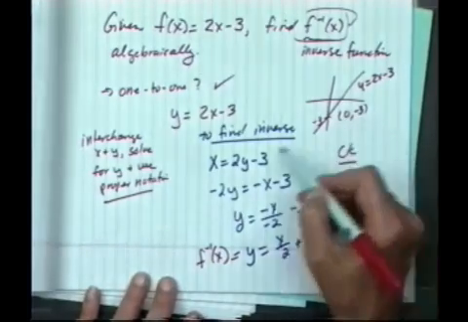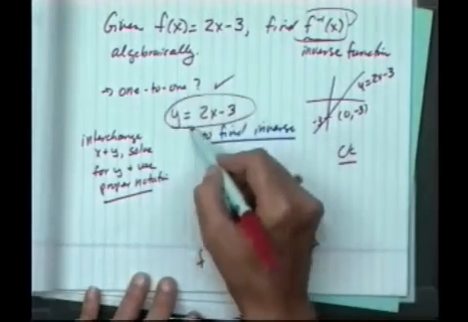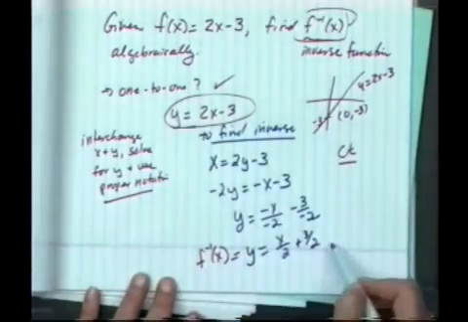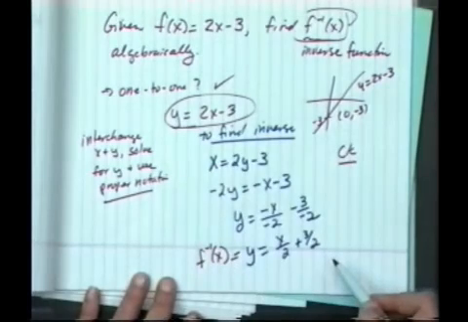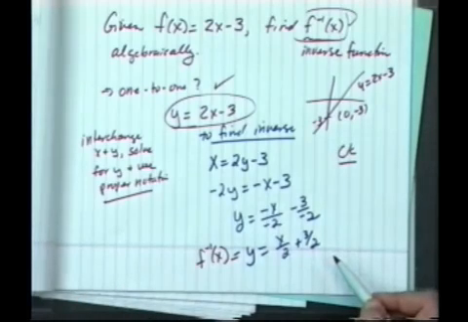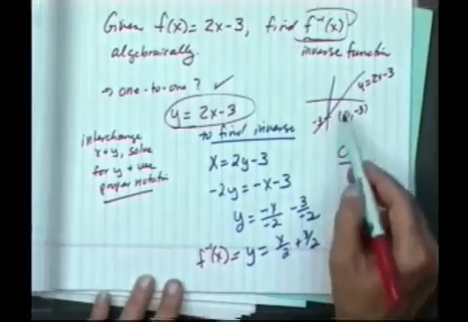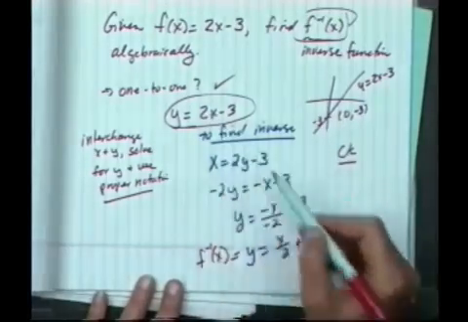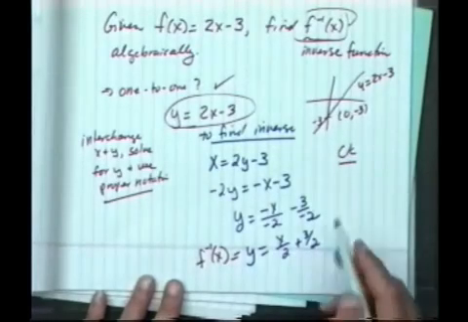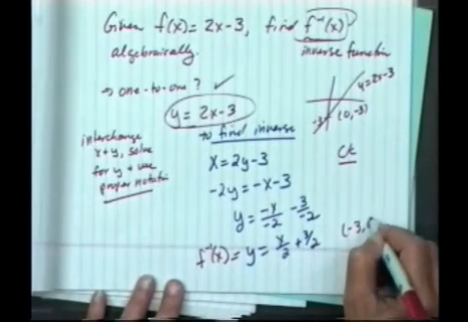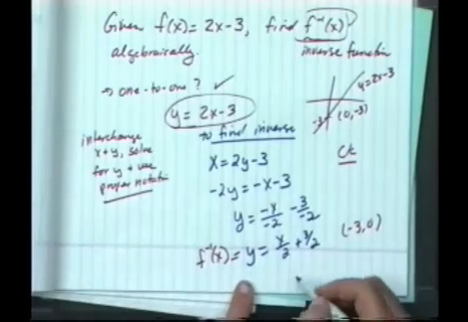If (0, -3) is on this curve, what point should be on the inverse? What did I interchange? The x and y. So if (0, -3) is on this curve, what should be on this curve? (-3, 0). All right, let's just double check.